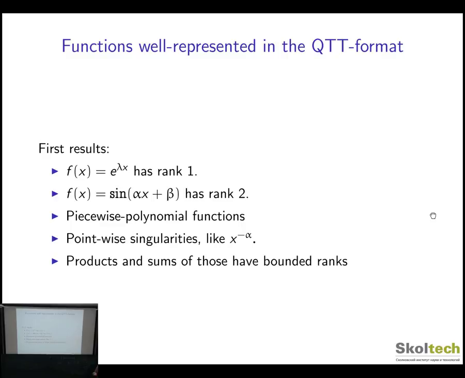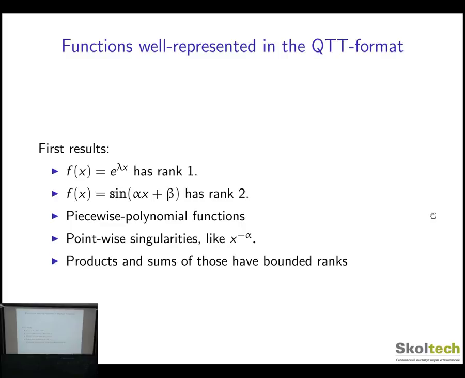So you get rank 1. The exponent always has rank 1. And this structure is additive: if you add rank 1 terms, you get something with bounded rank, bounded by the number of summands. So everything that can be approximated by a sum of exponents has small rank.